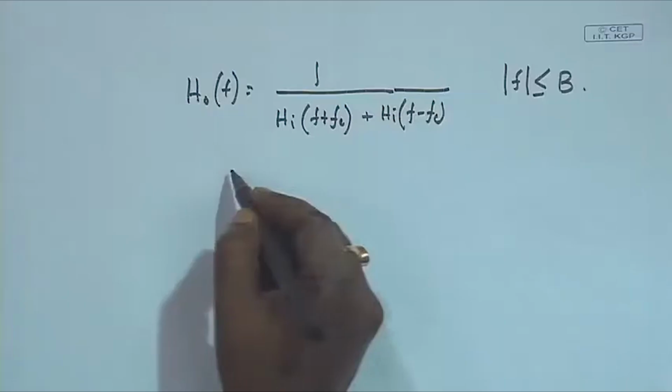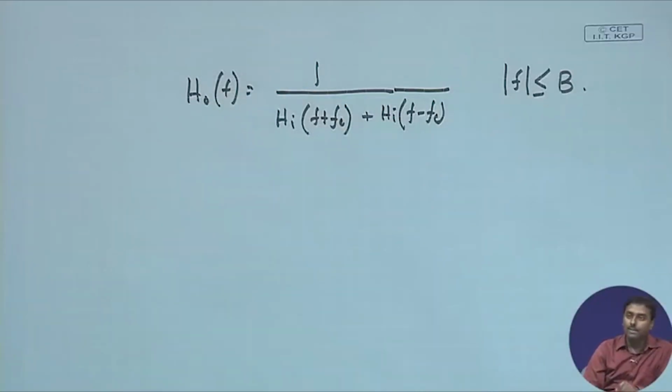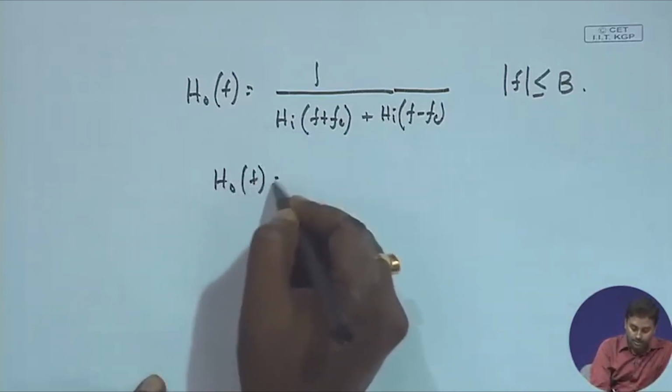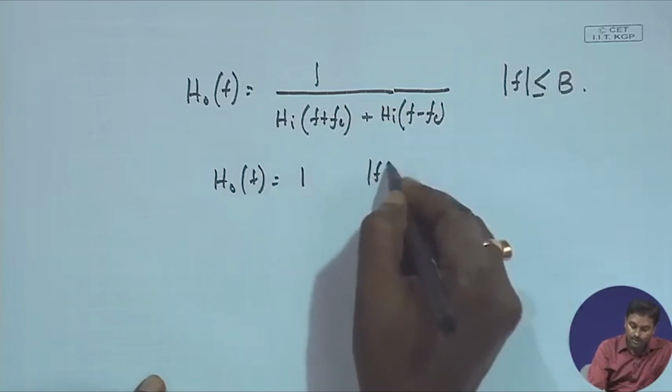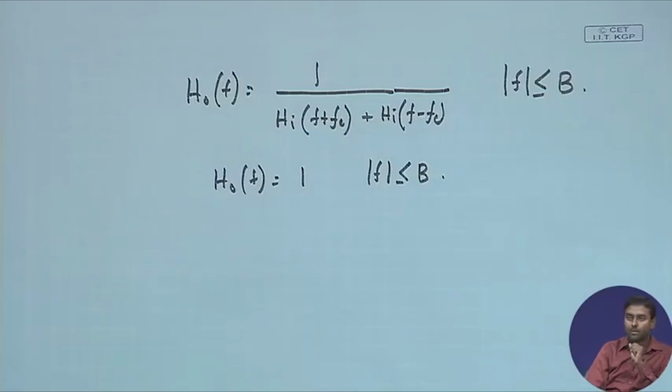Now if we just employ this method, within this band H_OF is a very simple filter, a simple ideal low pass filter. So H_OF must be 1 within this band. For a low pass filter it must be flat, otherwise the signal will be distorted, my m(t) will be distorted.